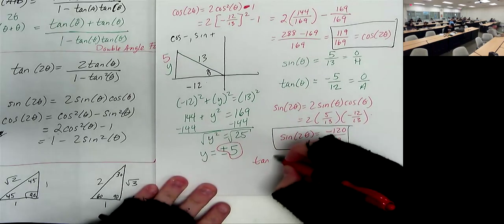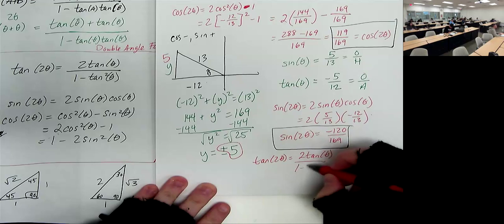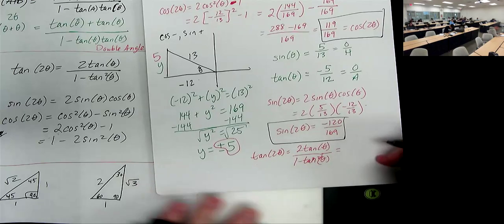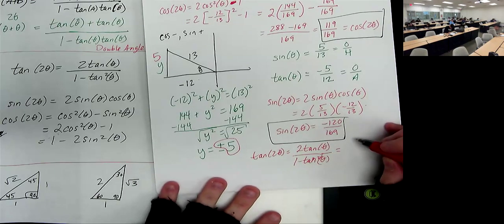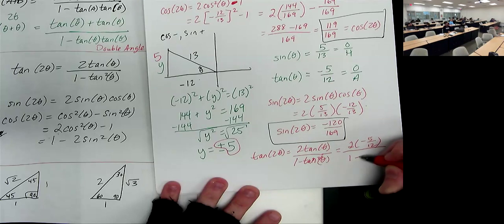Tangent 2 theta. That is 2 tangent theta over 1 minus tangent squared theta. So 2 times -5/12, all over 1 minus -5/12 squared.